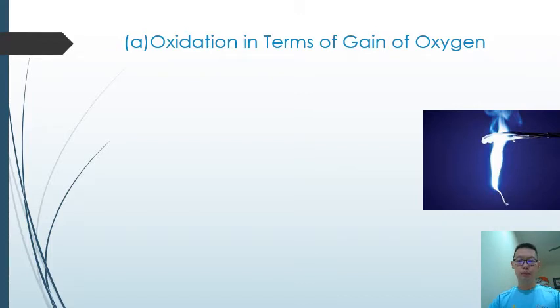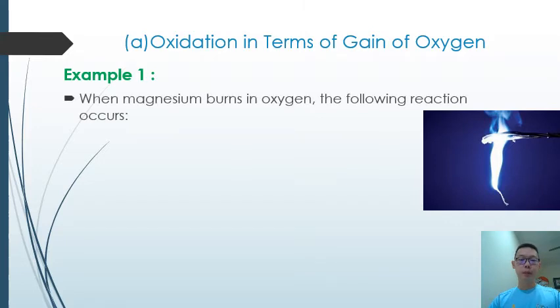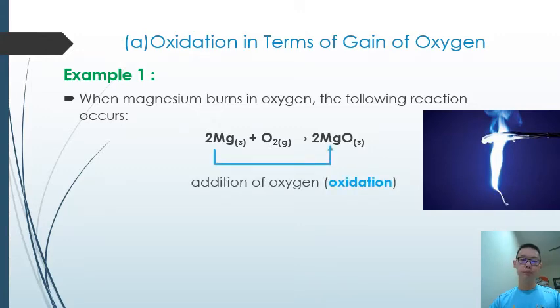Oxidation in terms of gain of oxygen. Let's look at example 1. When magnesium burns in oxygen, the following reaction occurs. This is the chemical reaction showing magnesium burning in oxygen to form magnesium oxide.